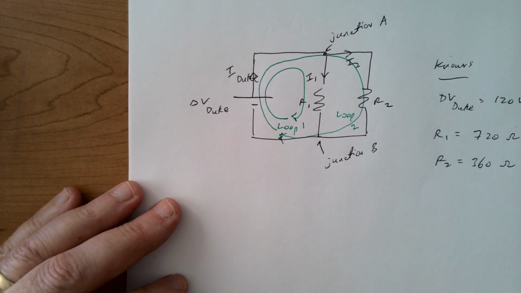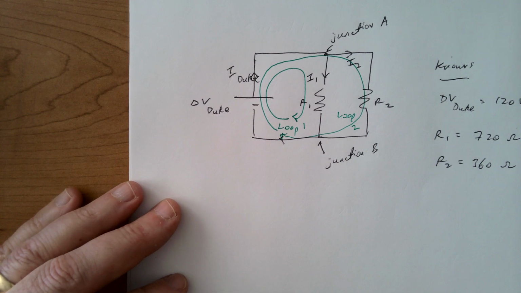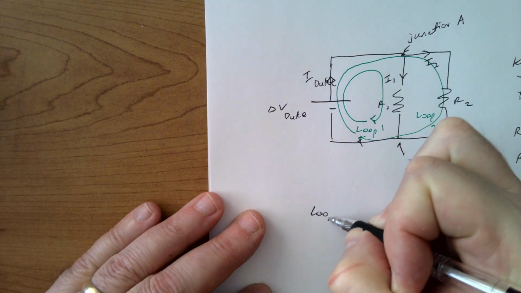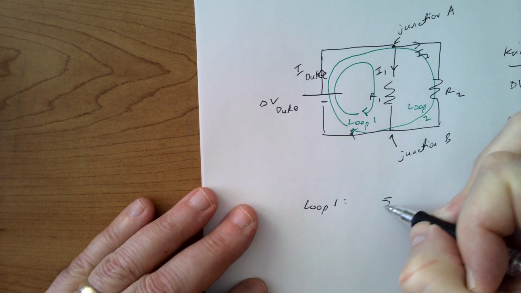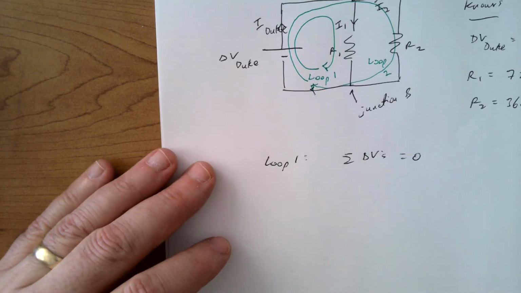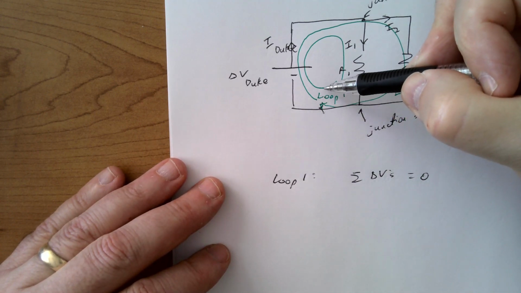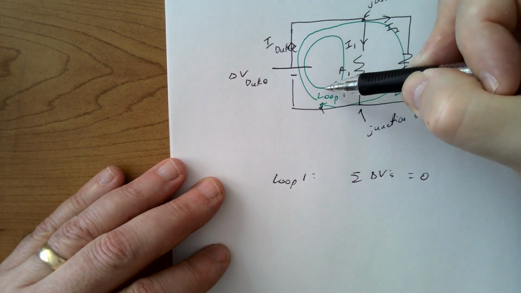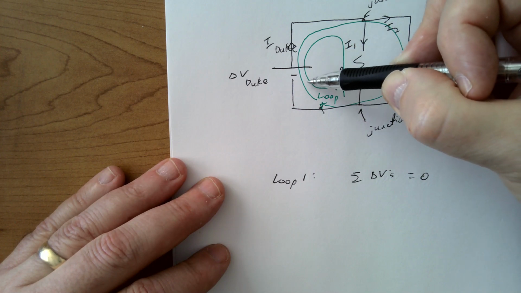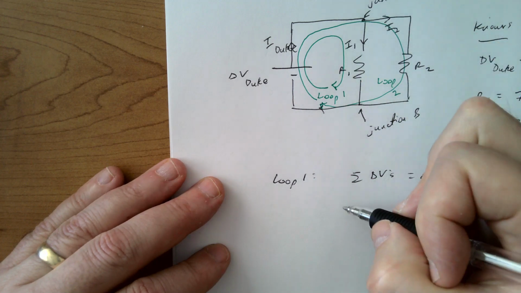Alright, so what we do first is write the loop rules. So for loop 1, the sum of the delta V's has to be 0. And I'm going to start at the beginning of the loop and go around and end where I started. So first I have a voltage rise across delta V Duke.